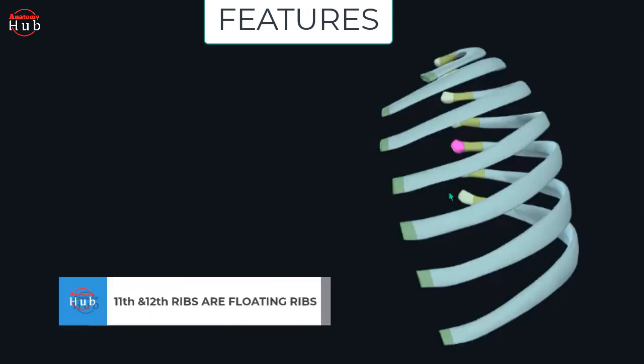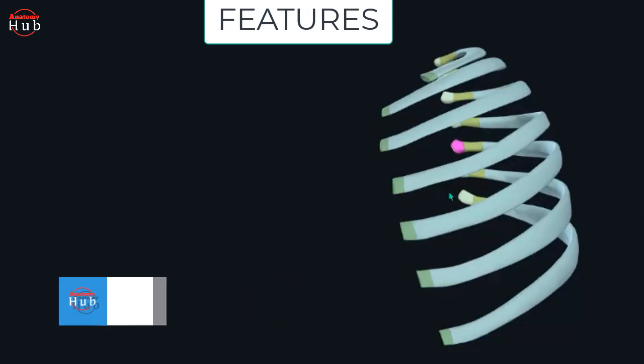So up to now, what did we get? We got the true ribs. What are true ribs? Those which are articulating directly with the sternum, 1st to 7th. Clear? Then the remaining five ribs are the false ribs. Why? Because they are not articulating directly with the sternum.